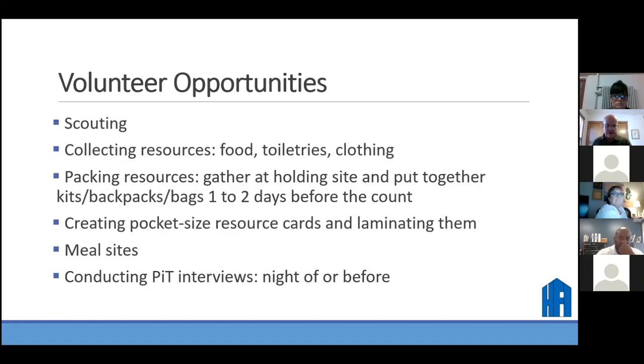Then you store it somewhere, and then the day of, or maybe a couple days before, you have folks sort it out and put all that stuff into the backpacks. And again, that's something where it doesn't matter: 6-year-olds, a family can help with that. Or seniors, people that you typically would not have involved in the direct count could do that.